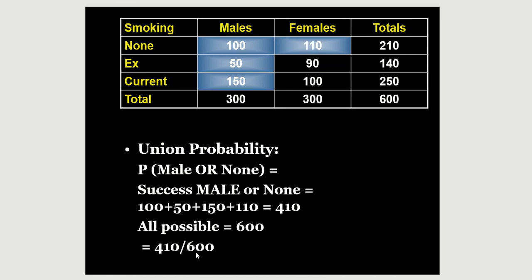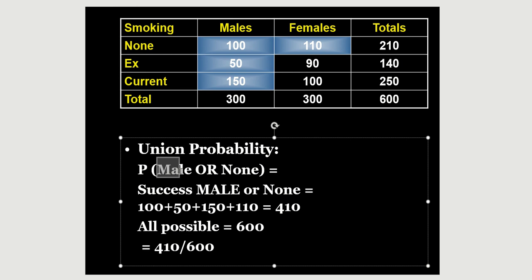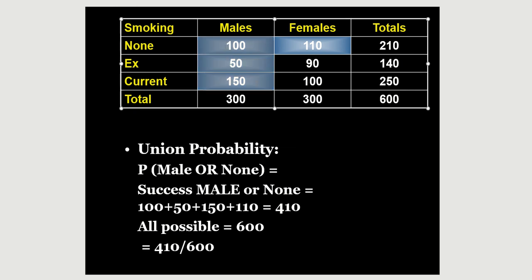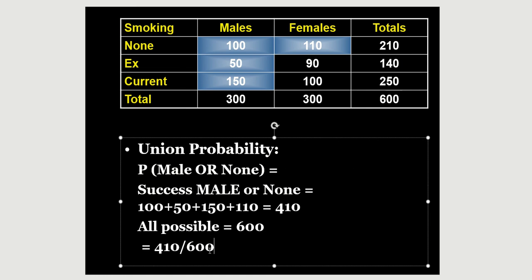Let's look at another example. This example says male or non-smoker. So again, you highlight the males, you highlight the non-smokers. So 100 plus 50 plus 150 plus 110, that will give you 410, and you divide by 600, and you would be correct.